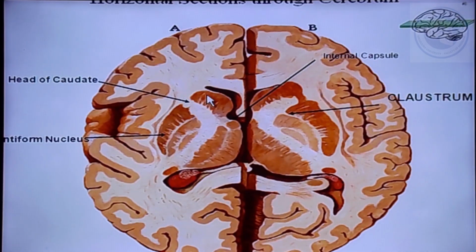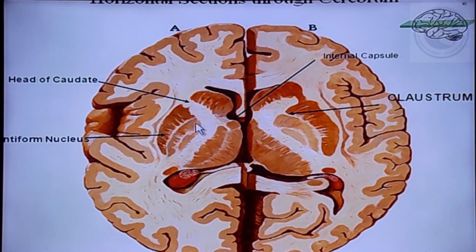We will find the head of caudate most medial, and we will find it separated by fibers called internal capsule from the lentiform that I told you is pyramidal in shape. The lentiform nucleus has a medial part called globus pallidus and a lateral part called putamen. Also, thalamus is present medially, and this cavity will be the third ventricle, and this is the opposite thalamus.